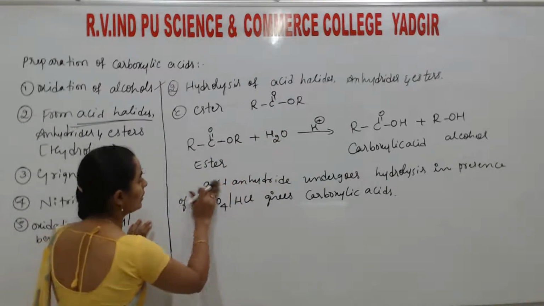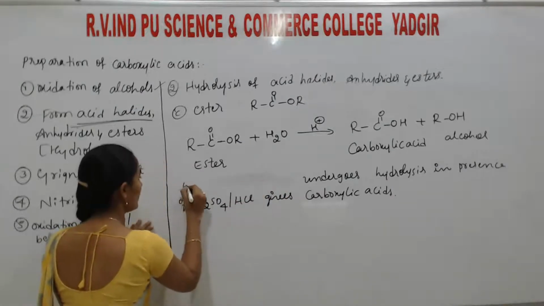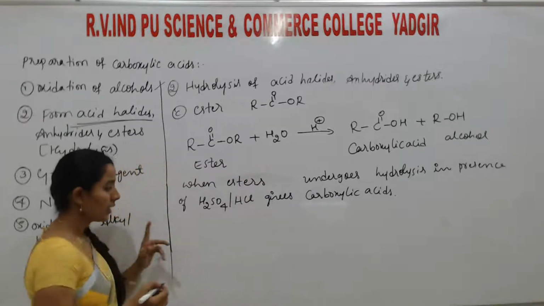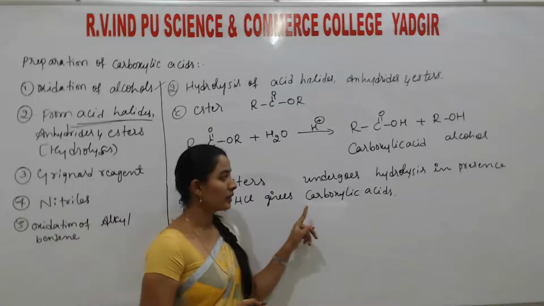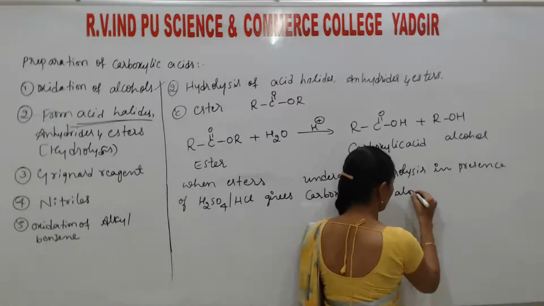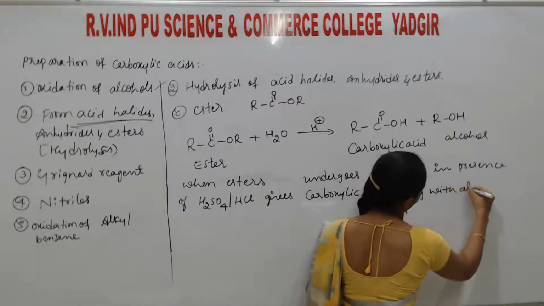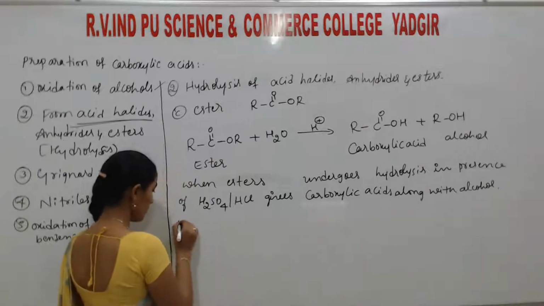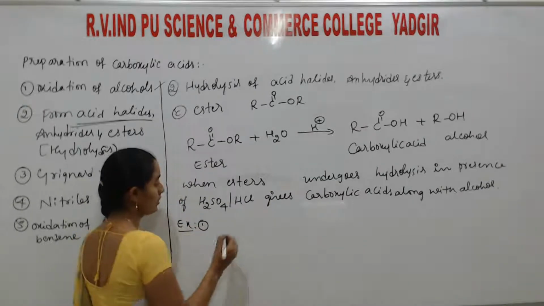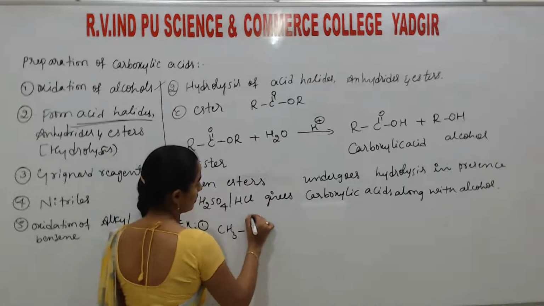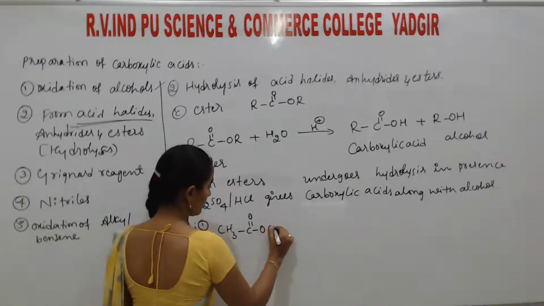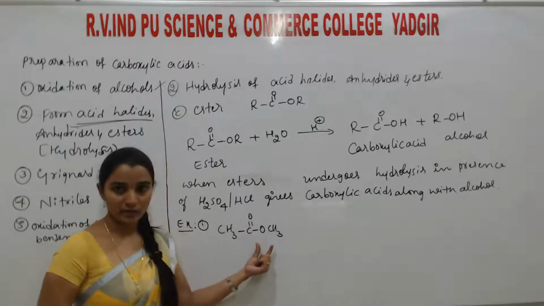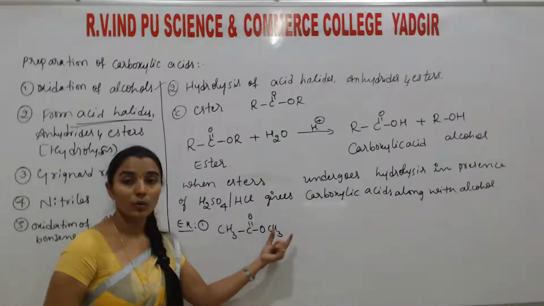So here, you just have to replace: when esters undergo hydrolysis in presence of H2SO4 or HCl, they give carboxylic acid along with alcohol. Understood? So if you take example 1, sorry, this one is methyl acetate, methyl ethanoate.